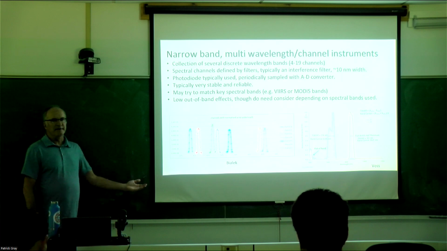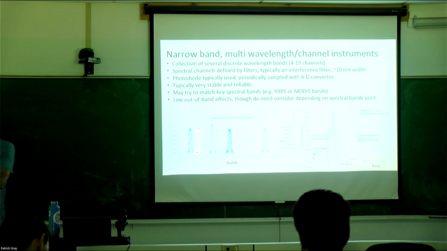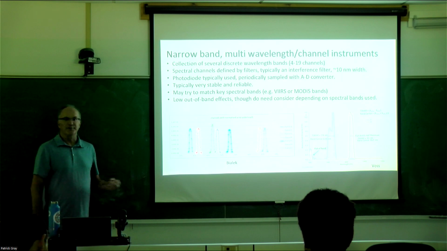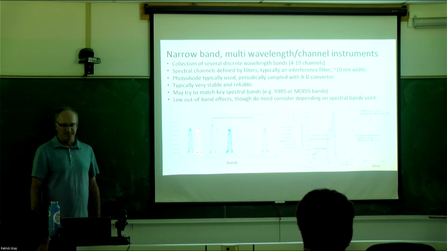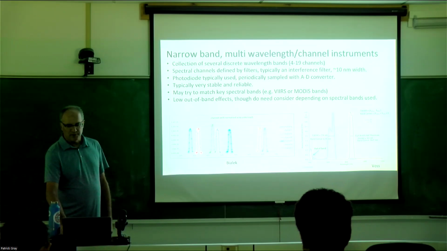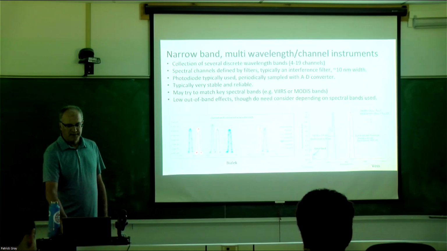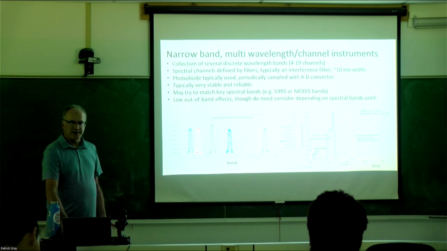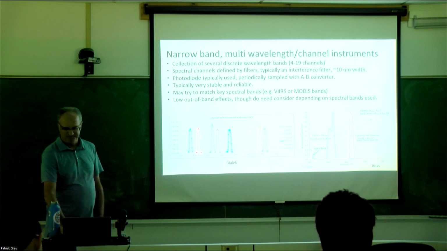So instead of tracing one piece of equipment, as we'll get to with a spectrometer, you now have to characterize 9 individual unique channels. Each of those 9 channels has its own filter and its own photodiode. So it can become a little more challenging, not necessarily to track the drift, but some channels might drift faster than others.